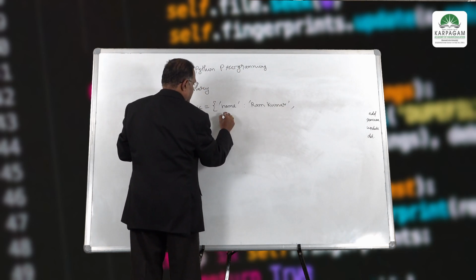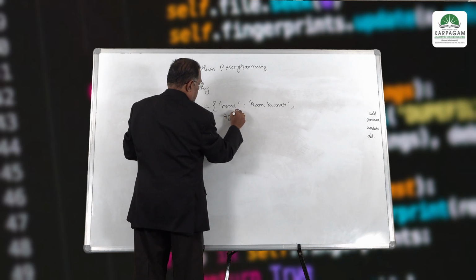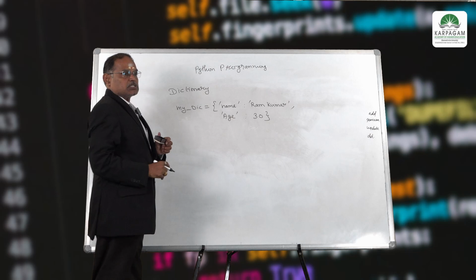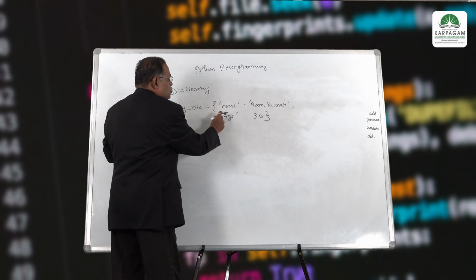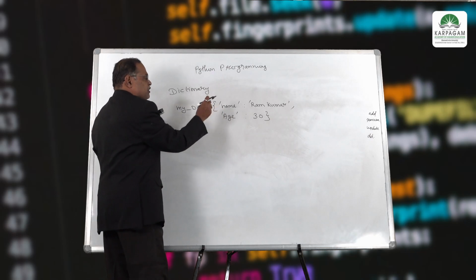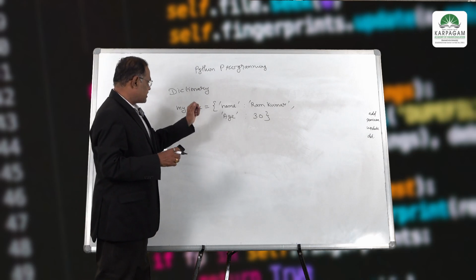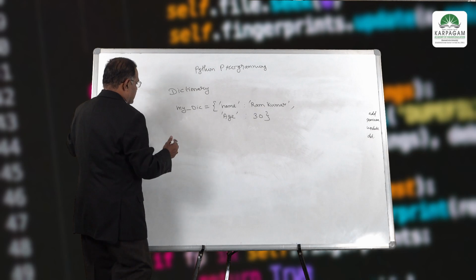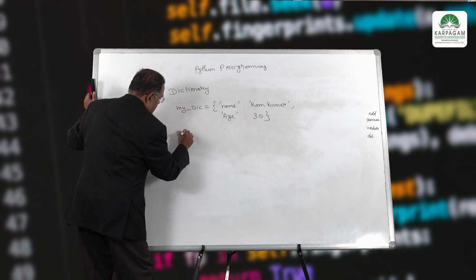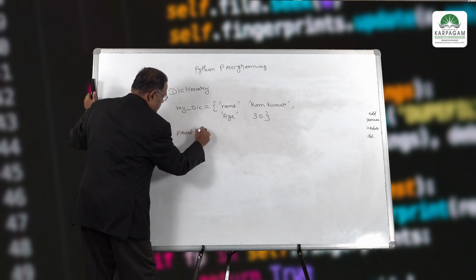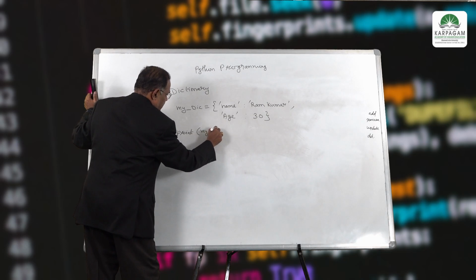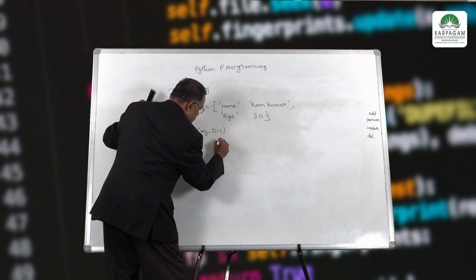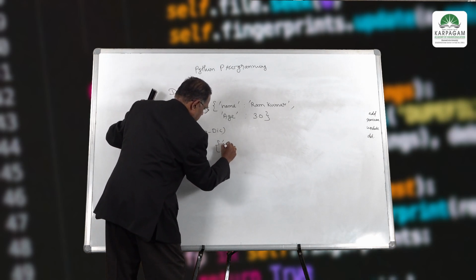I am going to add an age, 30, and close it. So I have two elements or two items in the dictionary. The first item is name, the second item is age. If I want to print it, print my_dict, then I will get the same output.